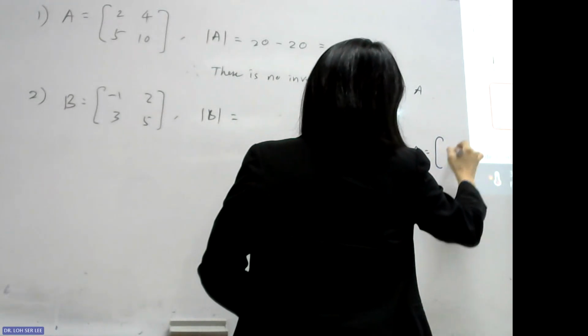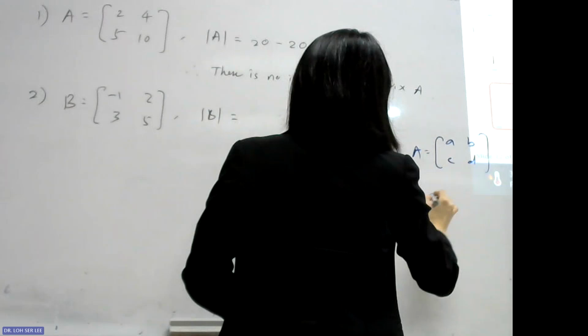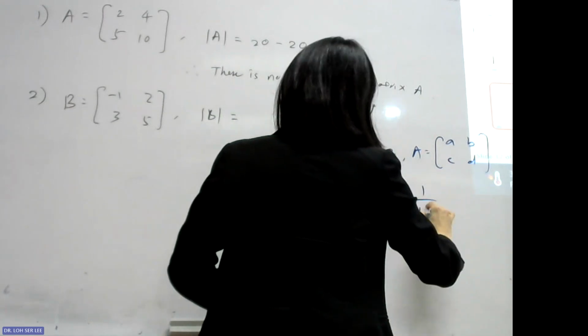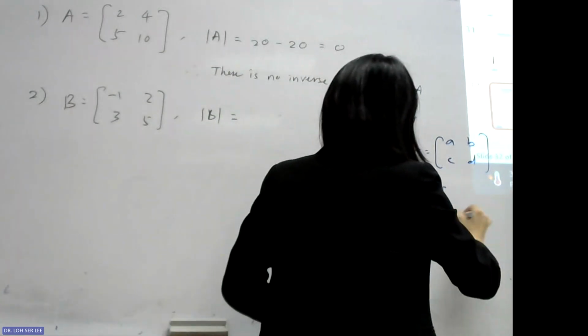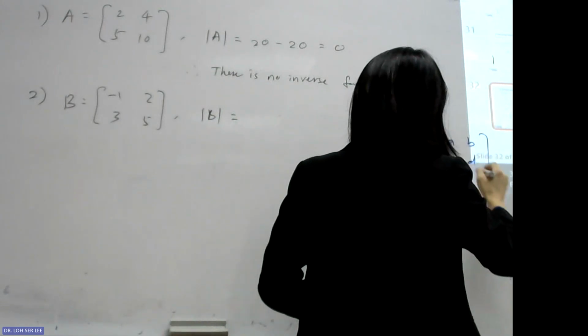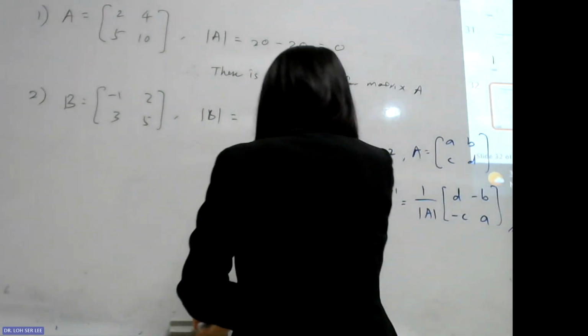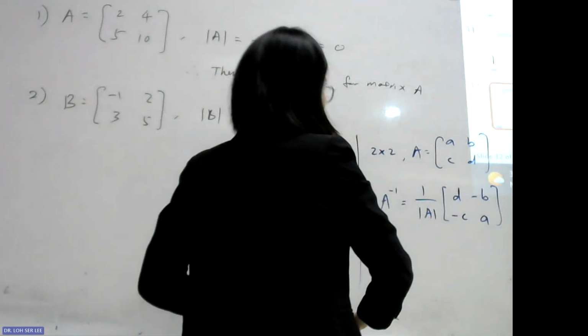Let's say A is A, B, C, D. Then A inverse will be 1 over the determinant of A, and then we swap A and D, and we change the sign of B and C. This is the formula for the 2 by 2 matrix to get the inverse.